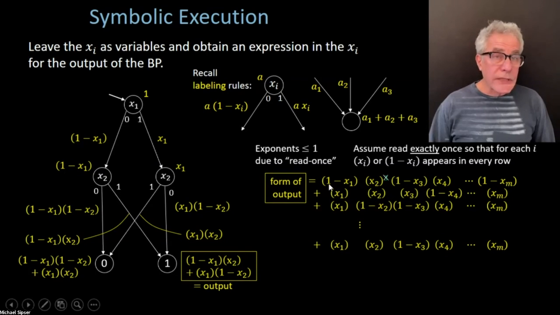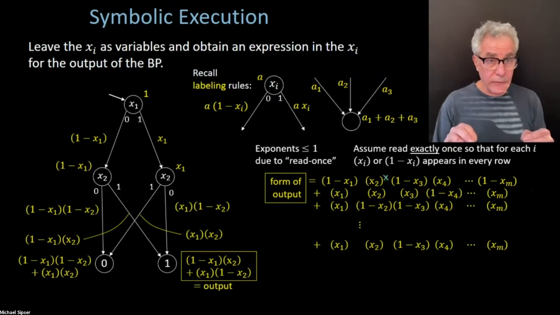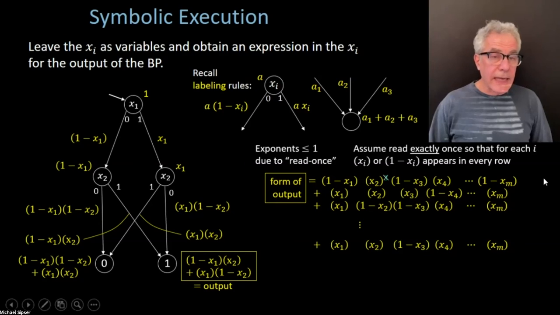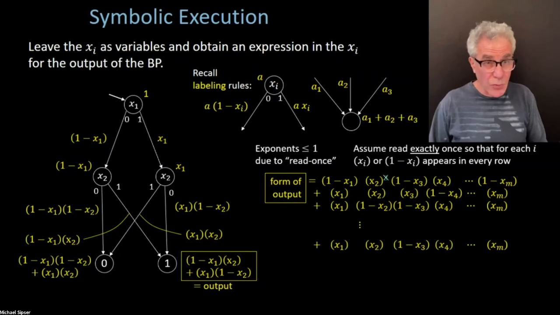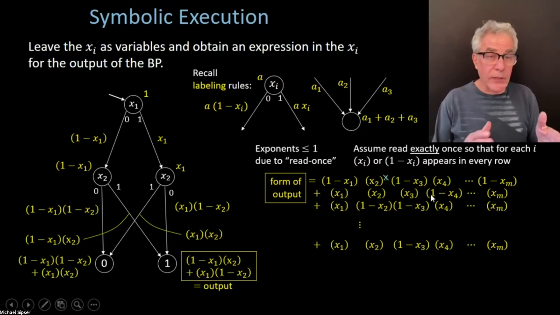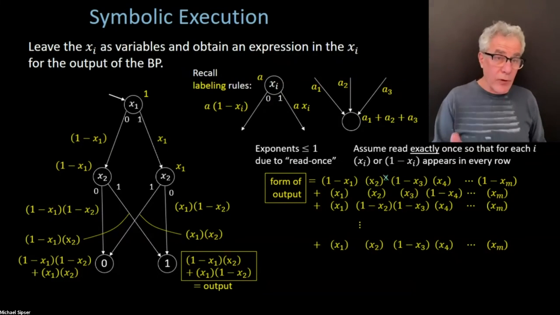And what I'm also going to say, for convenience now, is that each row is going to have every single variable appear, either as an xi or as a 1 minus xi. So in order to get that, I need to make a further minor assumption about the branching program, that it's read exactly once. Currently, when I say read once, it can avoid reading some variables on some branches because it's like a read at most once. But now I want to say that every variable gets read exactly one time on every branch.